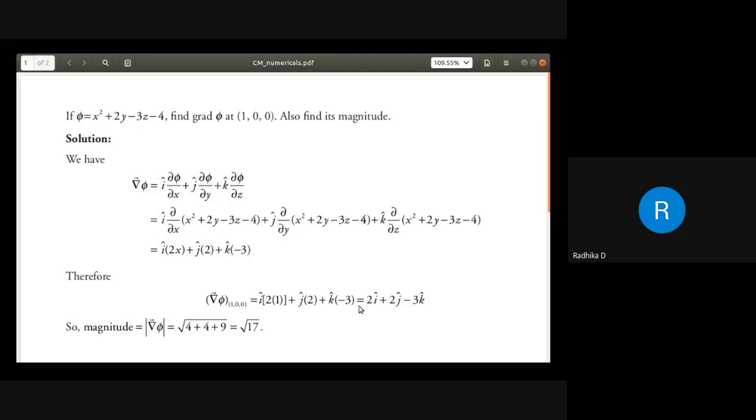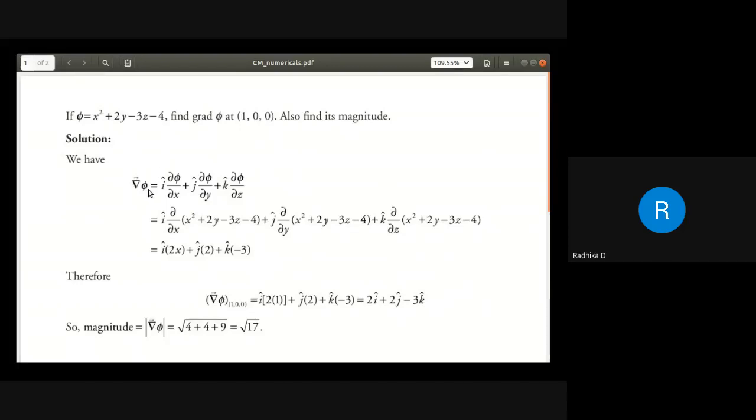I have to take the square root of 2 square plus 2 square plus minus 3 the whole square, that is 4 plus 4 plus 9. So 4 plus 4 is 8, 8 plus 9 is 17, giving square root of 17. So you got the gradient.